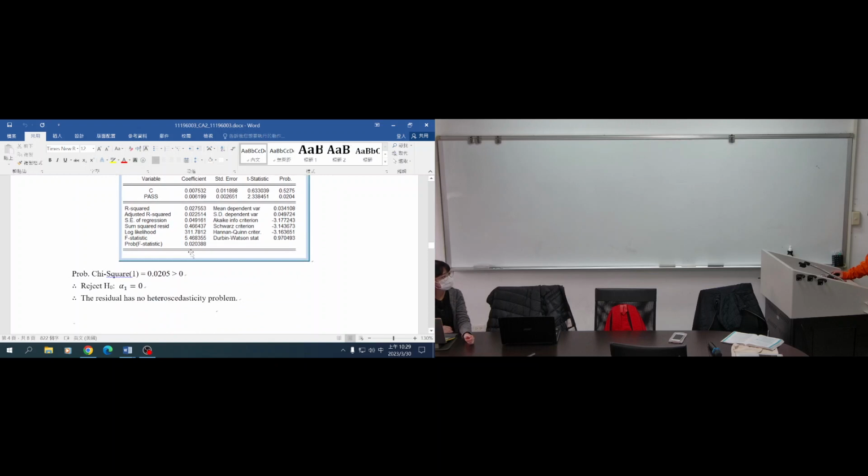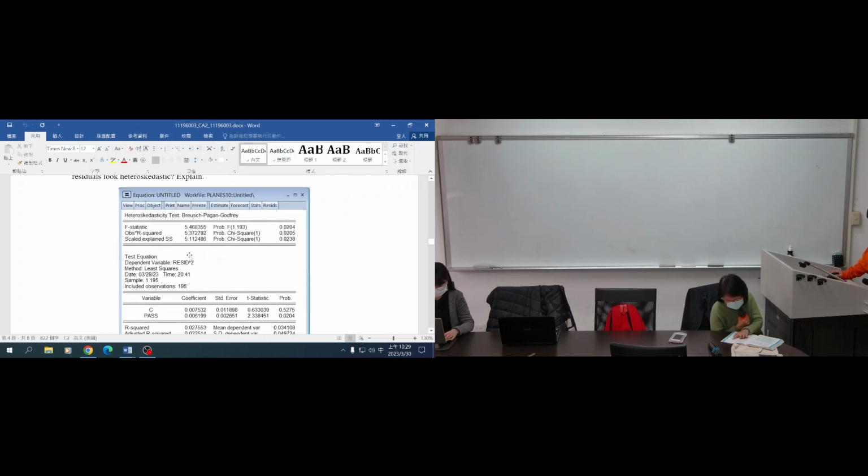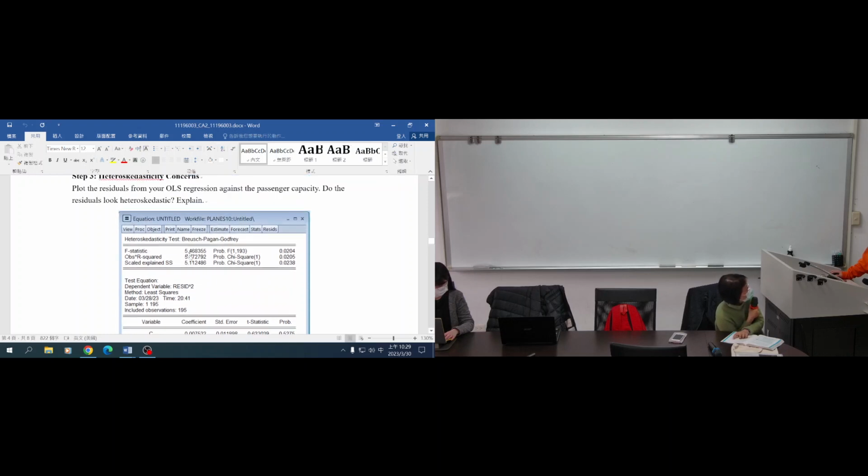All right, so for this one you should plot the residuals, using the passenger variable as the x variable and the residual as the y, then do the plotting. I think I saw John's graph related to the past.